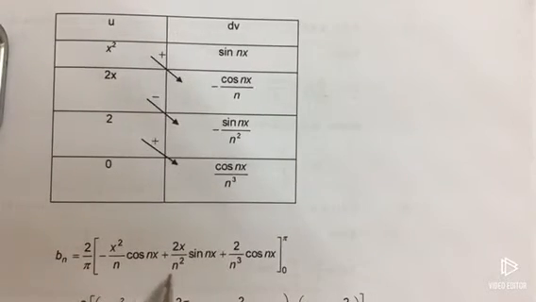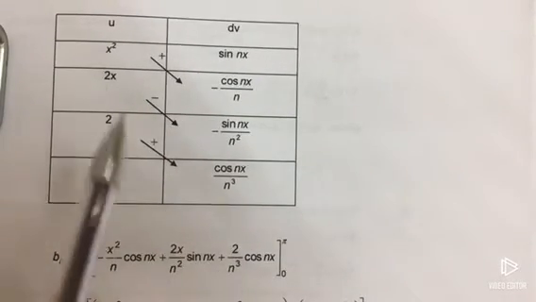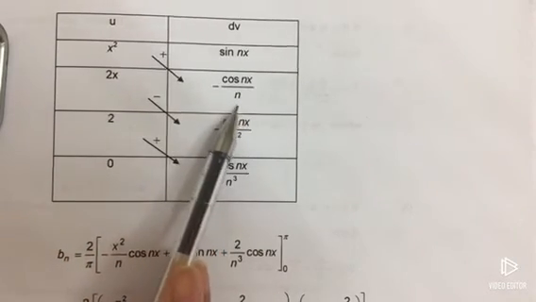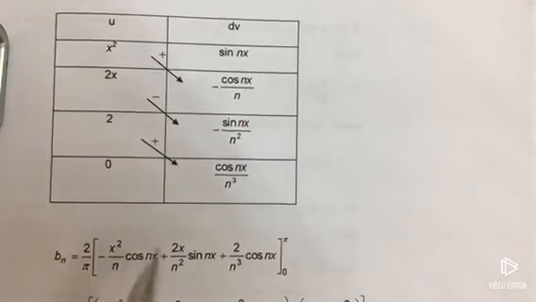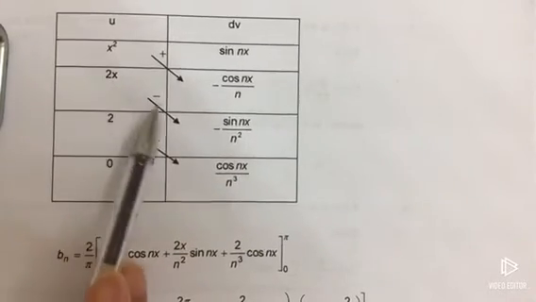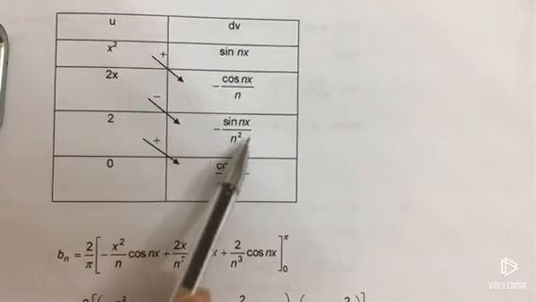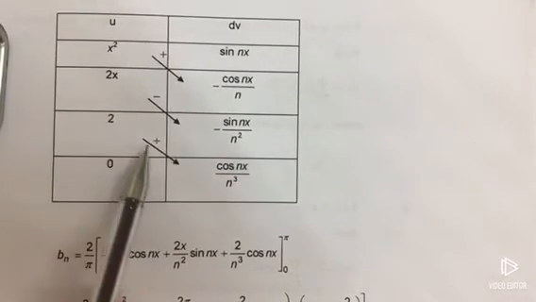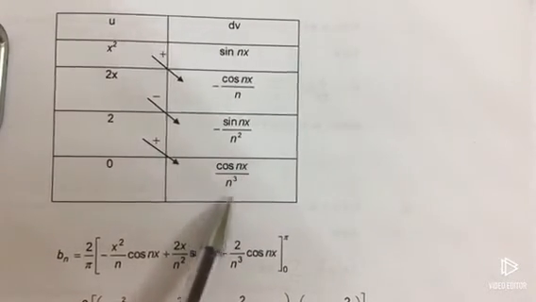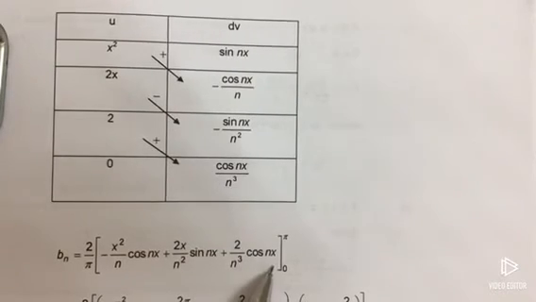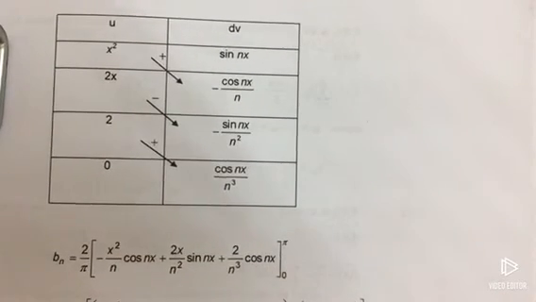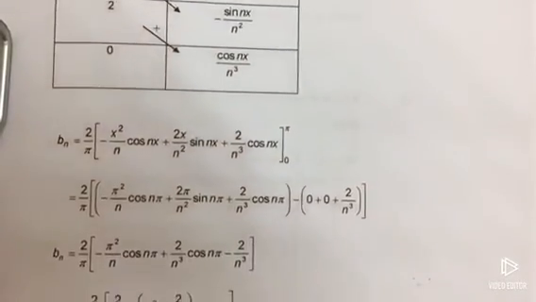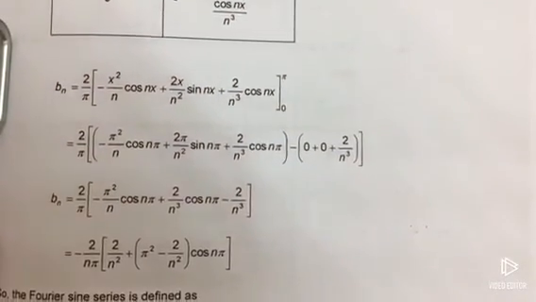So put inside this bracket x squared times positive times negative cos nx over n, we get this term, plus 2x times negative sin nx over n squared, we get the second term, plus 2 times positive times cos nx over n cubed, we get the third term. Okay, next substitute by pi, then substitute by 0.